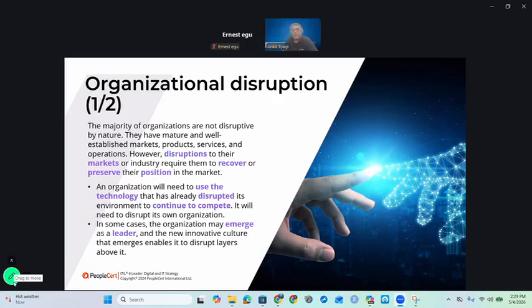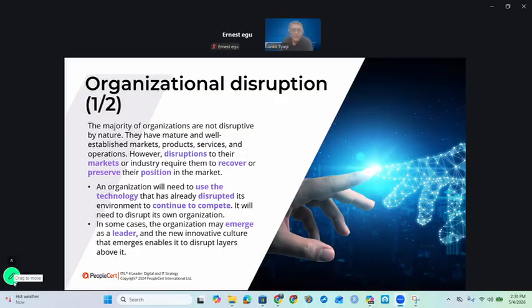An organization will need to use the technology that has already disrupted its environment to continue to compete. It will need to disrupt its own organization. Well, of course, if we want to remain in the competition, we want to gain our competitive edge. So in those situations, we can always change the ways of working or respond to the disruptions.